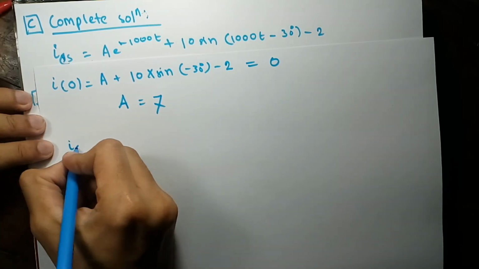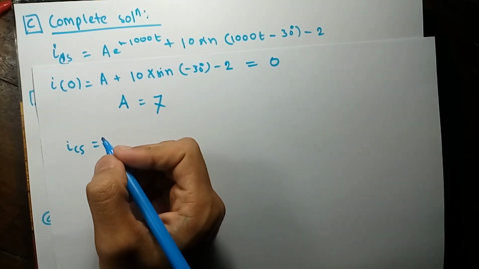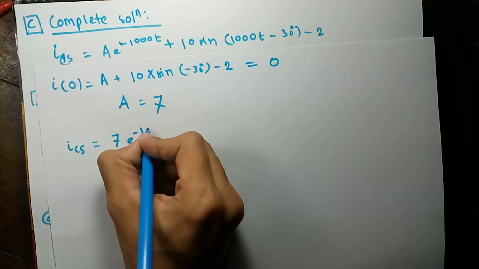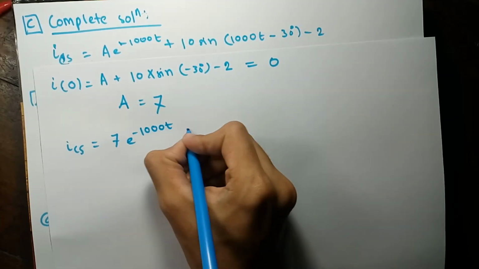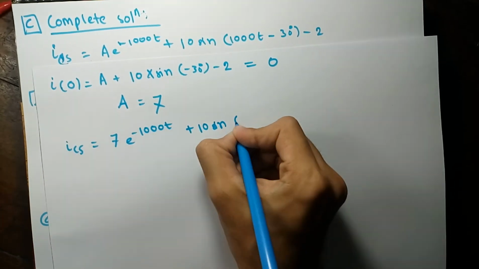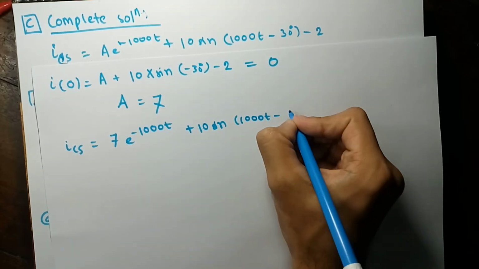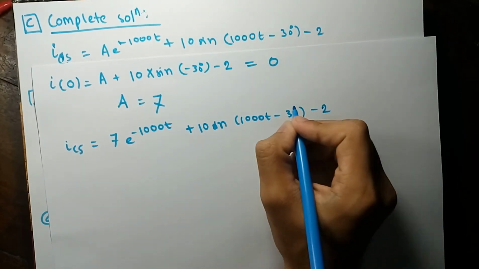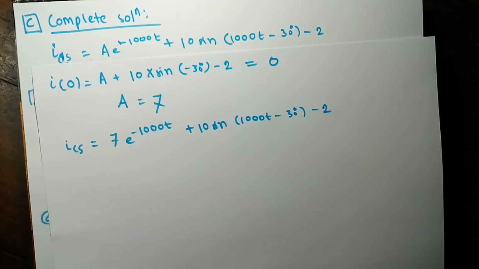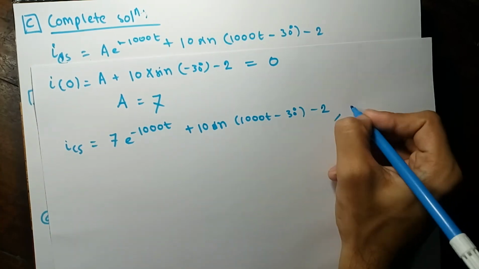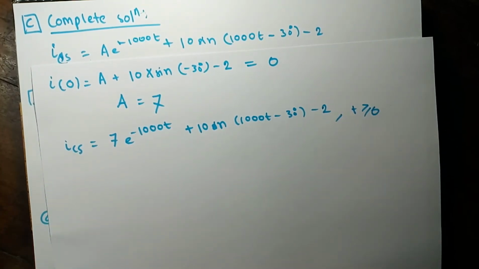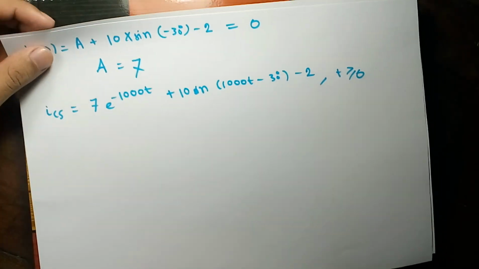So the complete solution as a function of time will be 7 e to the power negative 1000t plus 10 sine of 1000t minus 30 degrees, minus 2. This is the complete solution for the current for t greater than or equal to 0. That's all for RL circuits. We'll move to RC circuits now.